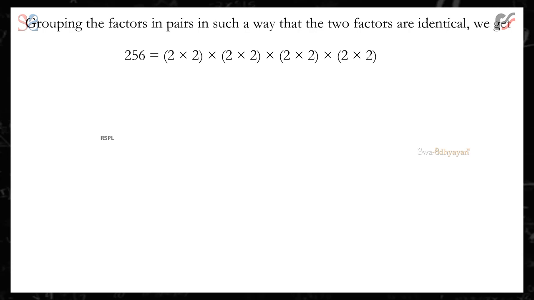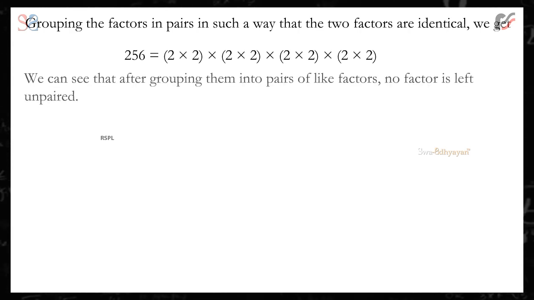Grouping the factors in pairs in such a way that the two factors are identical, we get 256 is equal to bracket 2 multiplied by 2 into bracket 2 multiplied by 2 into bracket 2 multiplied by 2 into bracket 2 multiplied by 2. We can see that after grouping them into pairs of like factors, no factor is left unpaired.